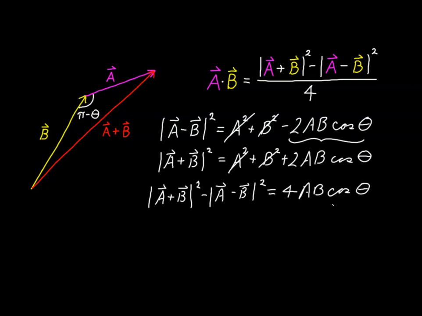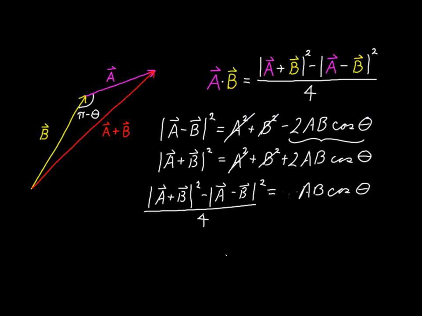Now, what we can do is divide both sides of this by 4, and that would get rid of this factor of 4. And surely you recognize the left side of the equation to be our definition for the dot product.